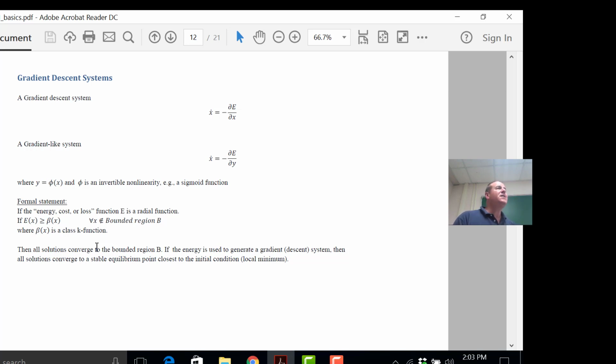However, this statement of converging to local minima is 100% true for continuous systems, where the change you have here is actually a derivative. But in engineering, often we replace this derivative by a delta W, delta X, which means discrete.